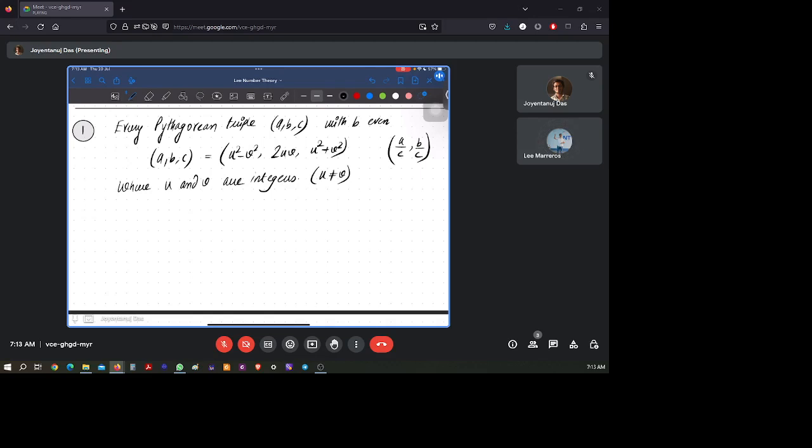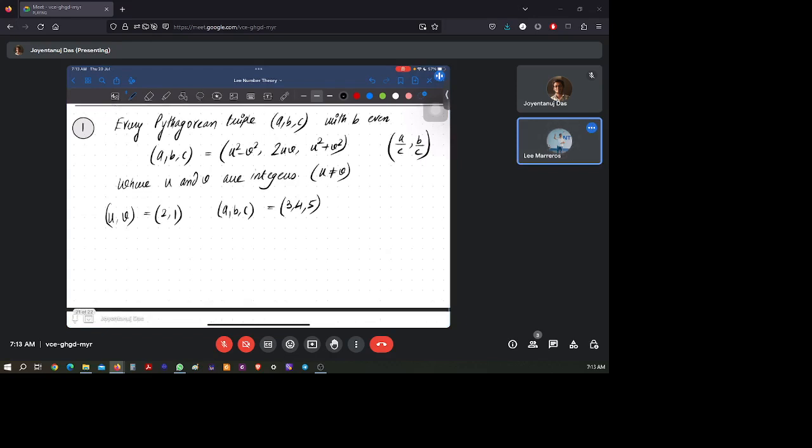So for example, if I take u comma v to be 2 and 1 respectively, then I get a, b, c as 3, 4, 5. So this is our smallest Pythagorean triplet, right? So this is the starting.